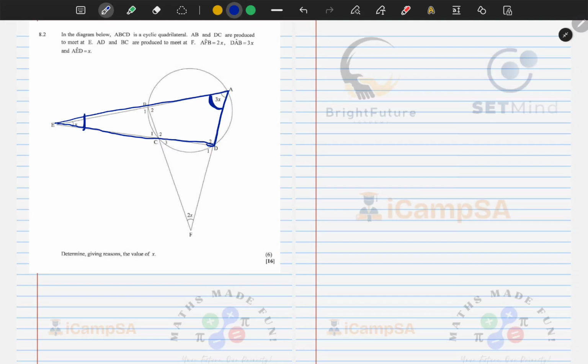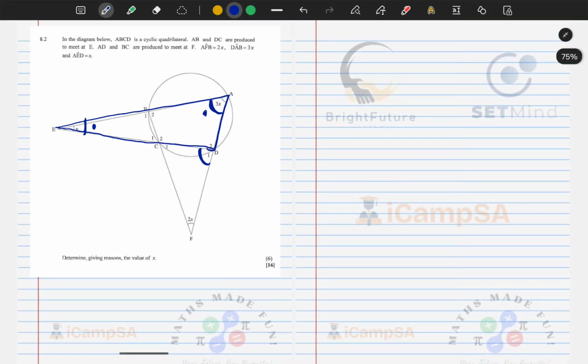What do I know about exterior angles of a triangle? An exterior angle of a triangle will be equal to the sum of the two opposite angles in the triangle. So this angle will be equal to the sum of the two opposite angles. So now let's write that down.